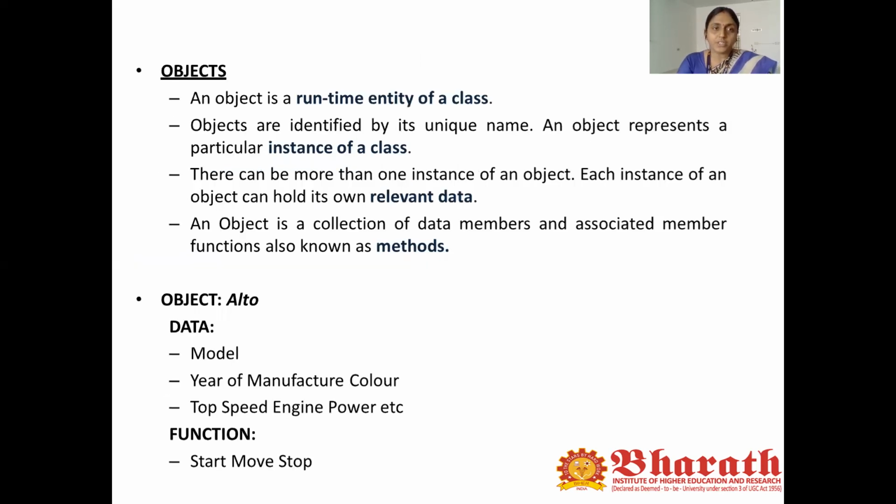The second feature is objects. An object is an instance of a class, which can also be considered as the runtime entity of a class. Objects can be identified by a unique name, and there can be more than one instance for a particular class. Each instance of the object can hold its own relevant individual data.